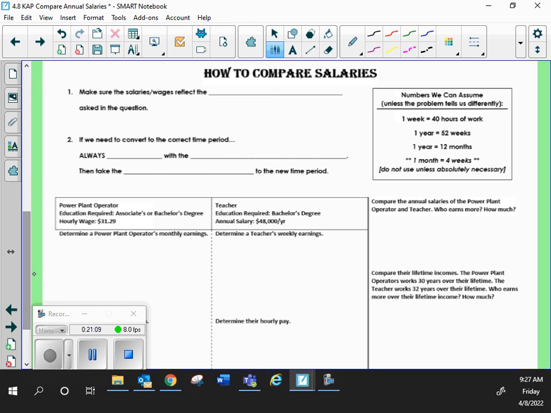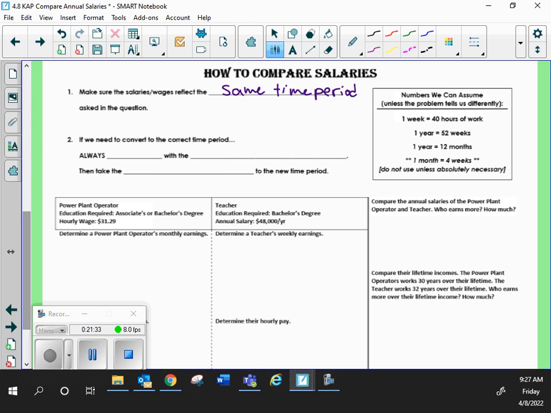Okay, moving on. How to compare salaries. We want to make sure that the salaries or wages reflect the same time period. You can't compare how much someone makes in an hour to how much someone makes in a year because they are not the same time period.